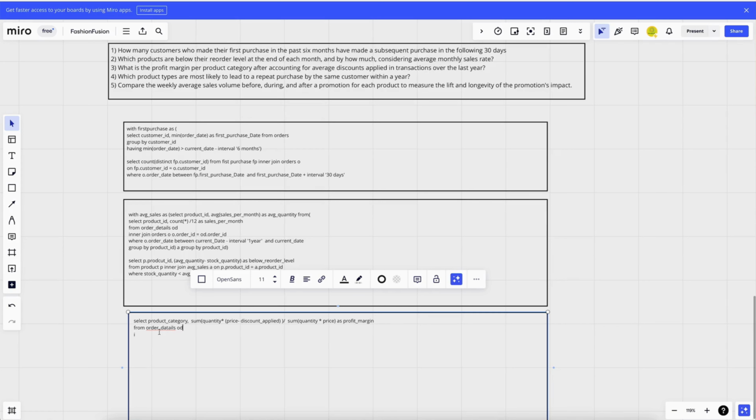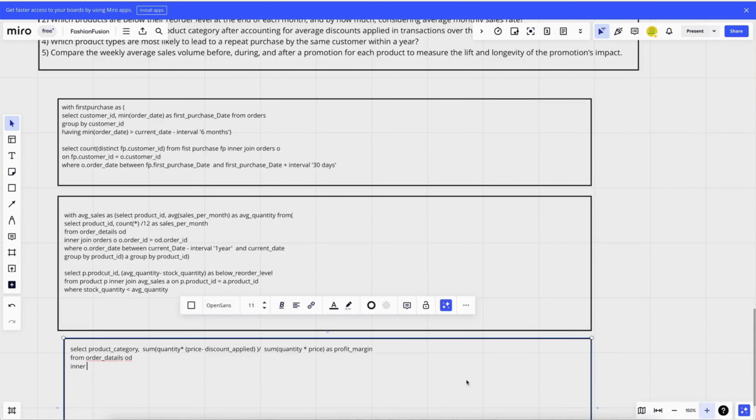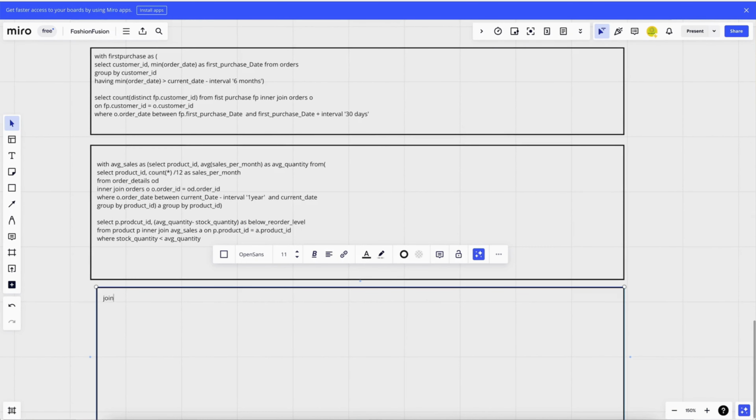I'll just call this as OD. So I joined all the three tables.